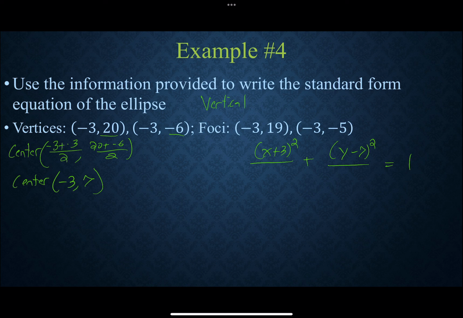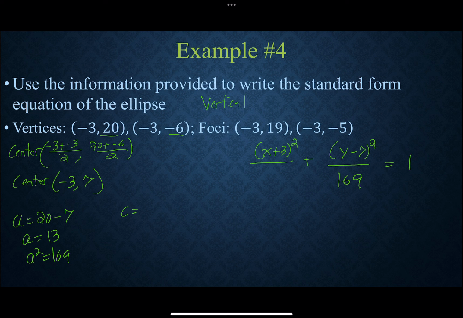As we've always been doing for the previous 3 examples, we're going to continue doing this. A is how far the vertex is from the center. The vertex changes from 20 to 7, so it's 20 minus 7, which is 13. So a squared is 169. And again, it's vertical, so it goes with the y's. The foci is the value of c. It's how far the foci is from the center.